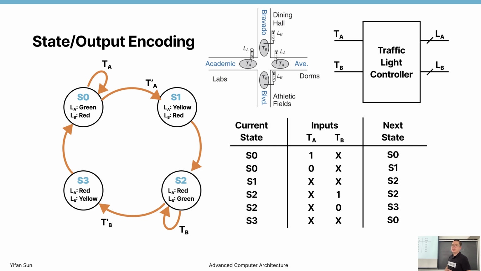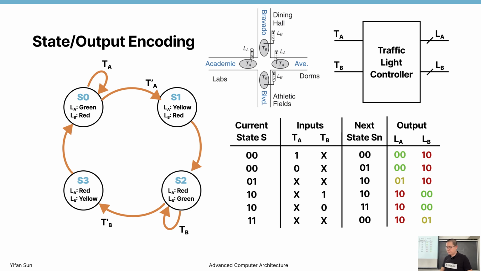If we have 4 states, we need 2 bits. Right? If we have 5 states, we need 3 bits. Although we waste three states, that's the only thing we can do. If we have more than 4, we need 3 bits. If we have 9 states, we need 4 bits to represent the state.